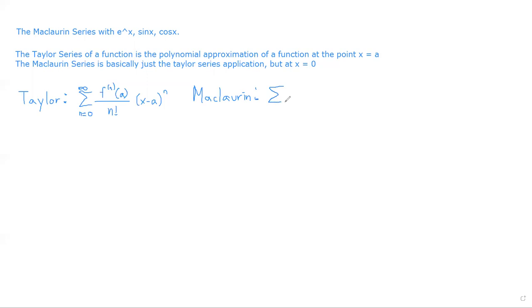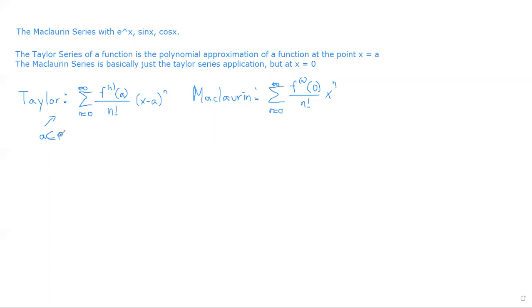Very similar, but n equals 0 to infinity of f^(n) of 0, since a is 0 here, over n factorial, x^n. And here I'll just say, provided a is a real number.